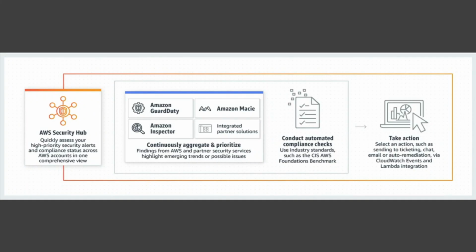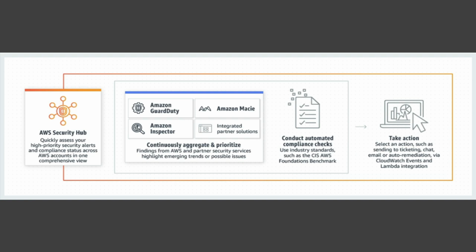So now this is a diagram of how the architecture flow happens in the Security Hub. First of all, Security Hub quickly accesses your high priority security alerts and security posture across AWS accounts in one comprehensive view. Then we have a combination of integrated services like GuardDuty, Inspector, Analyzer.